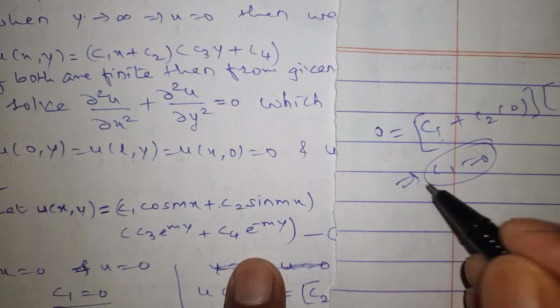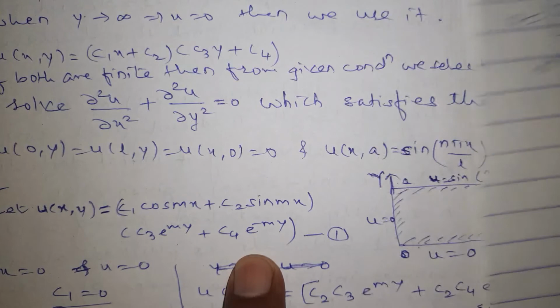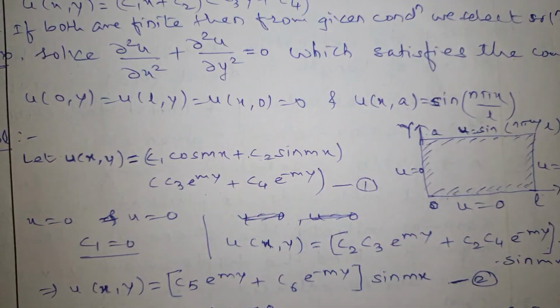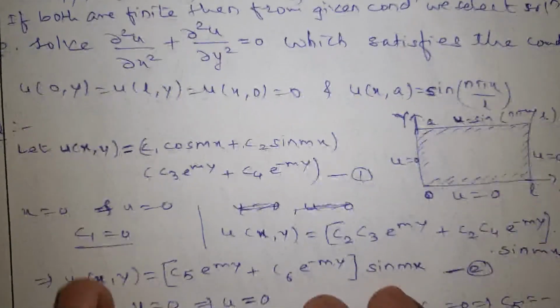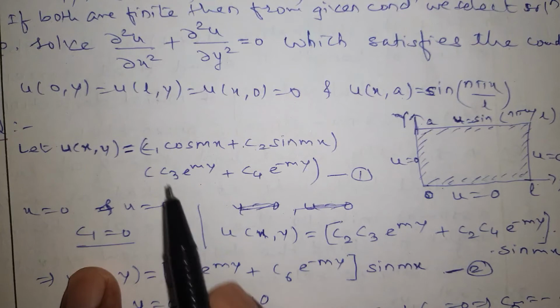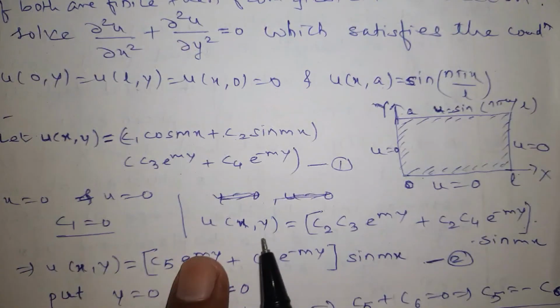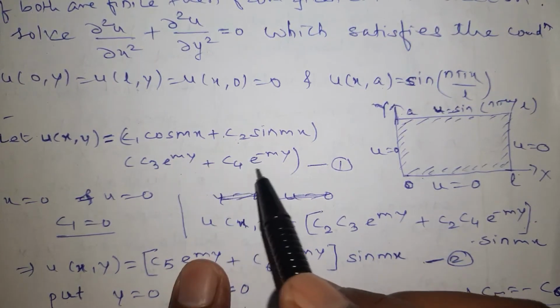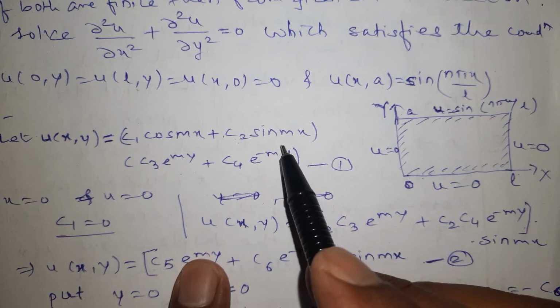What we have done in the one-dimensional heat equation or wave equation, the same we have to repeat here. So from the first condition I get c1 equal to 0. Now put c1 equal to 0 and what do I get? u of x,y is equal to c2 remains, (c3 e^(my) + c4 e^(-my)) and sin mx as it is.